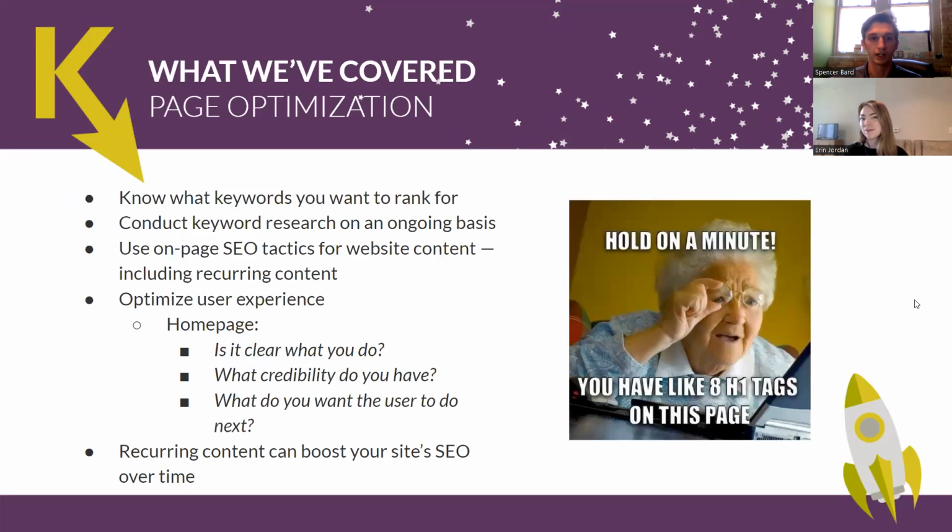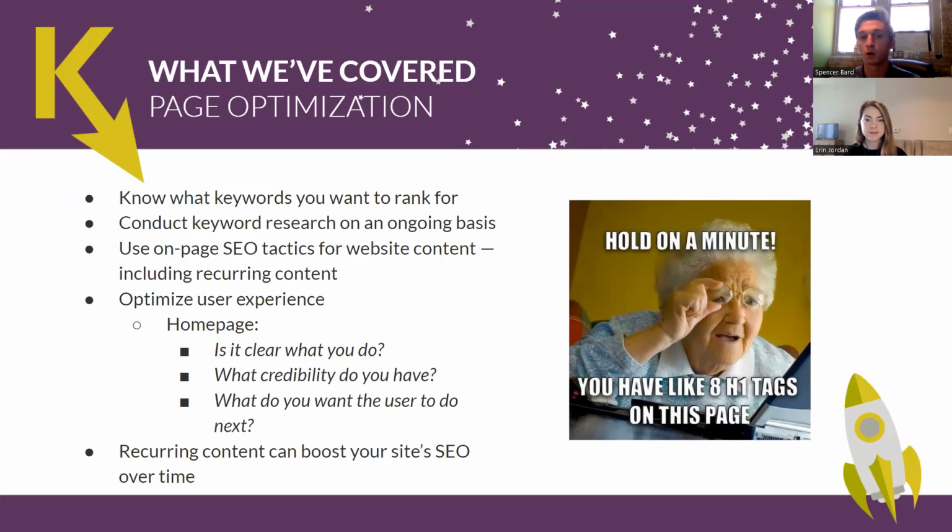Fantastic. So let's cover what we've gone over so far in these past 2 episodes, mainly focused on SEO. The first topic we covered was on-page, the on-page aspects that you can optimize to ensure you're ranking high in Google. First things first, when it comes to page optimization, is keyword research. You want to know what those keywords or key phrases are that your clients or your target audience are searching for online that you really want to show up for.